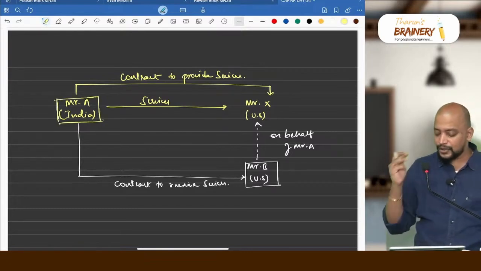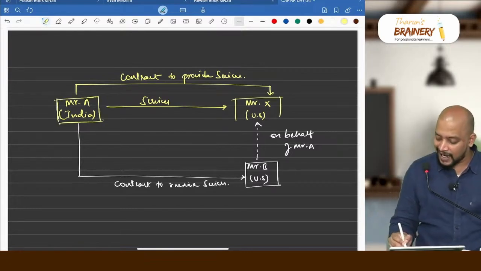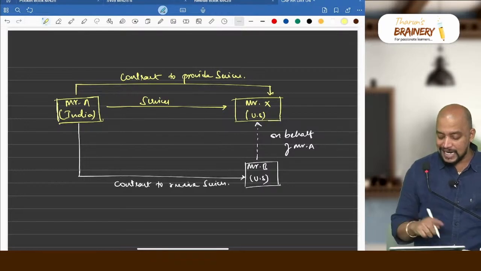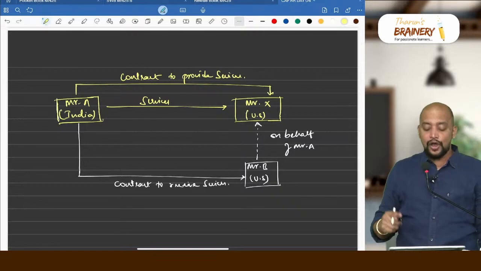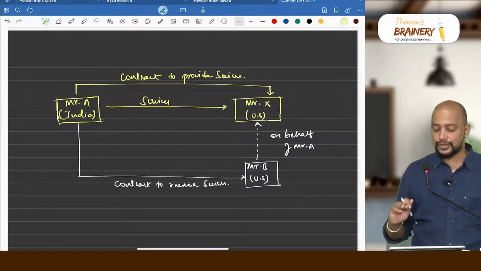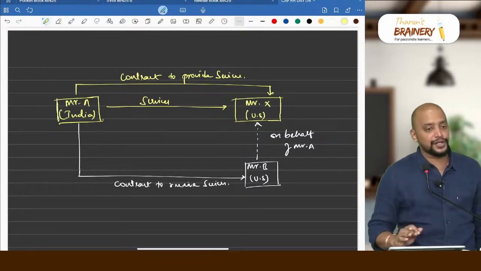Contract number 1, A should provide the services to X, and another contract where A is receiving the services from B, but B is not directly providing to A. On behalf of A, B is rendering services to X, but B will raise an invoice to A.